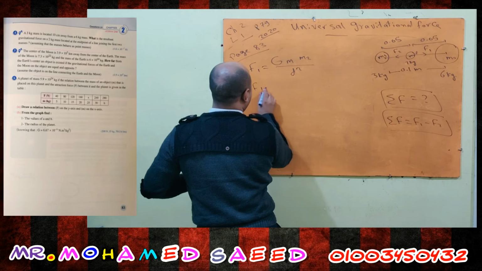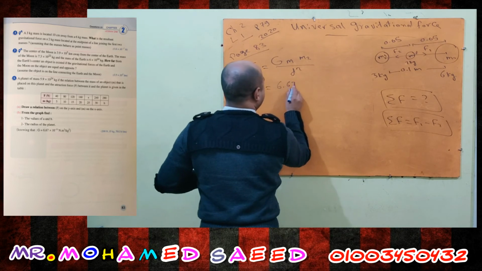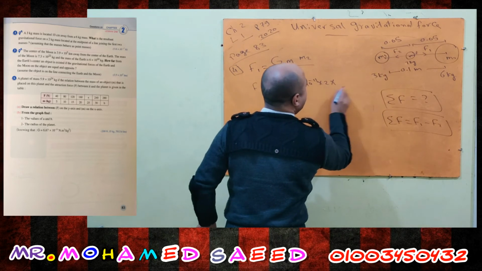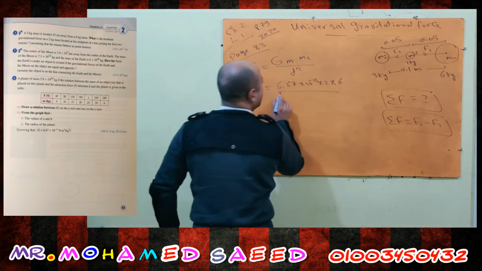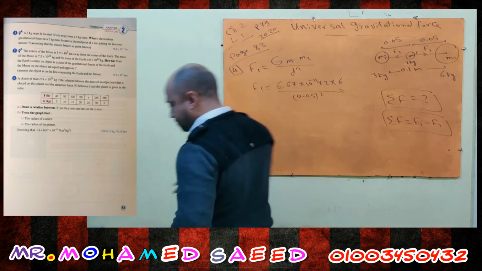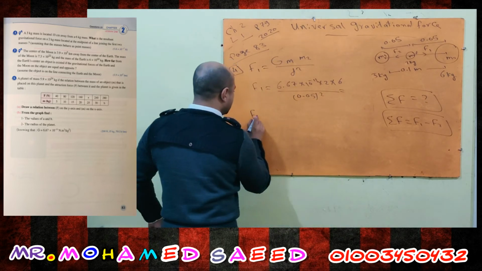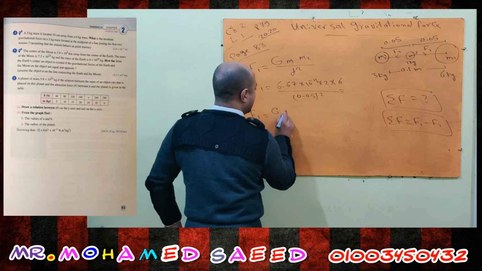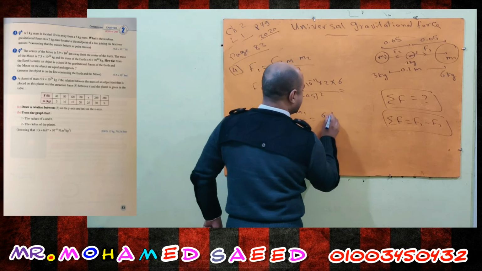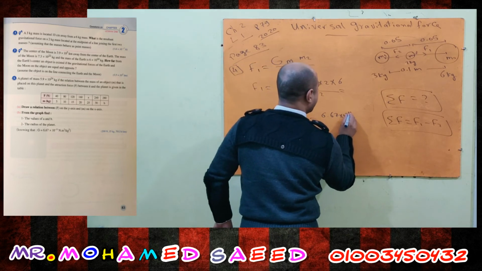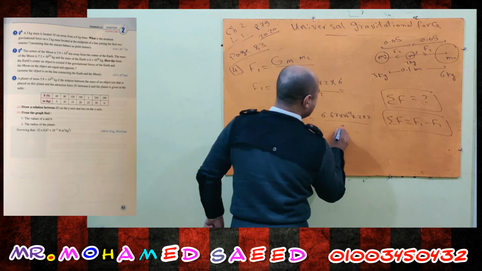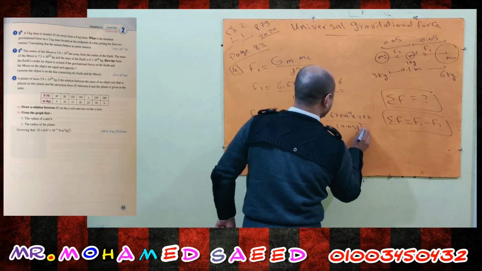So F1 equals 6.67 times 10 to the power negative 11 times the 2 kilogram body times 6 kilograms over 0.05 squared. F2 equals G capital M1 over D squared, equals 6.67 times 10 to the power negative 11 times 2 times 3 over 0.05 squared.